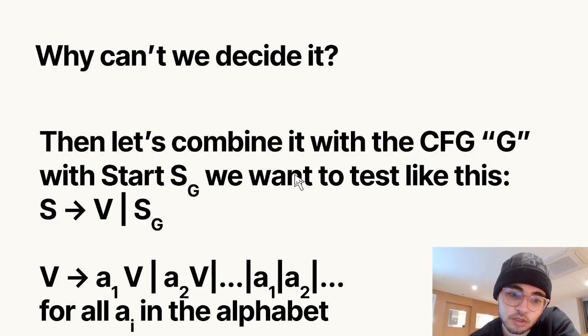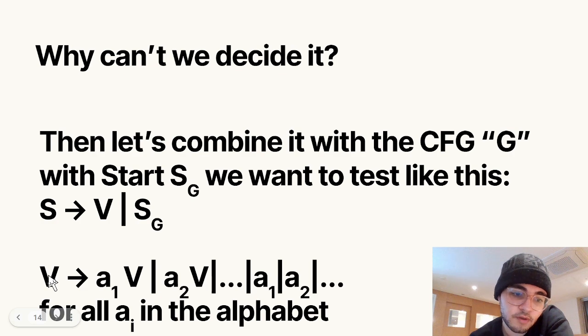So what does this mean? It means that if the variable V is necessary for some word, we cannot generate it with the CFG G, because V would be the only way.